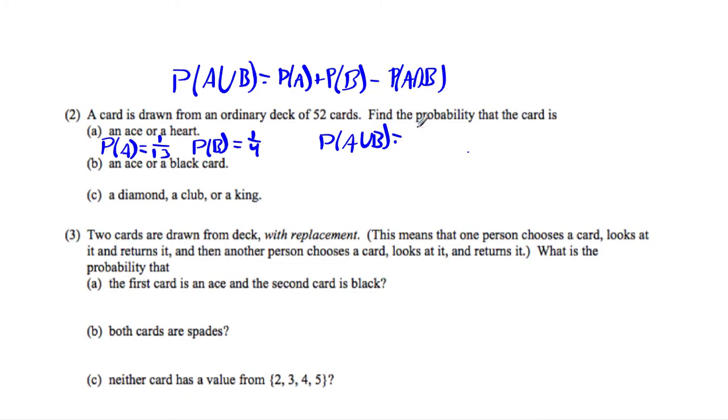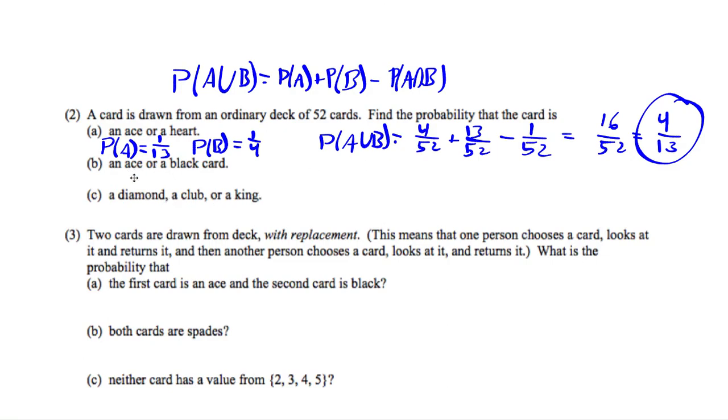So then we have 4/52 plus 13/52 minus the probability I get a heart and an ace, which is 1/52, because there's one ace of hearts. So this is 17 over 52 minus 1, which is 16 over 52, which we can reduce to 8 over 26, or 4 over 13.